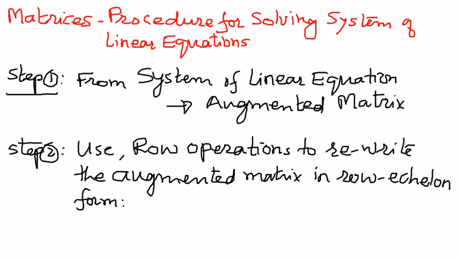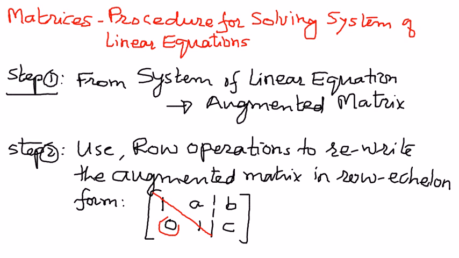If we have a system of linear equations in two variables, the row echelon form should look like this: 1 a b, 0 1 c, and if we were to put brackets around that and separate the constant numbers by a vertical line, we should have ones along the diagonal and zeros below the diagonal, and that is the desired form of the row echelon form for a system of linear equations in two variables. So that is step 2.